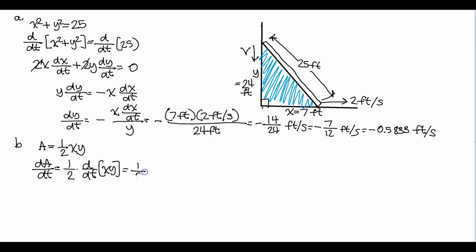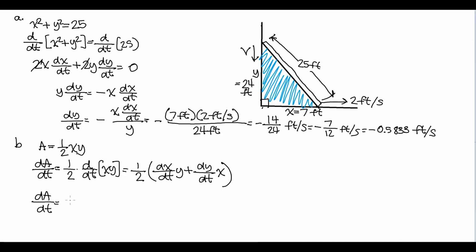And we get 1/2 times f prime dx/dt g plus g prime dy/dt x. So this is dA/dt over here, and it's already solved for us, so that's convenient.